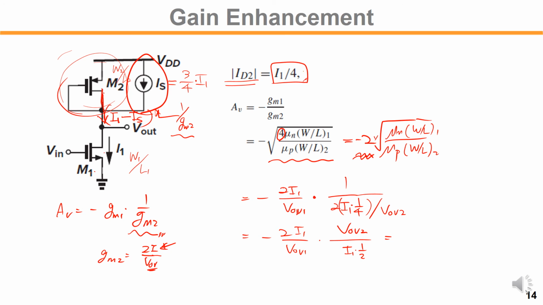if you haven't changed the device size, what would happen to the overdrive voltage? This one will be minus 4 times V overdrive 2 over V overdrive 1, right?